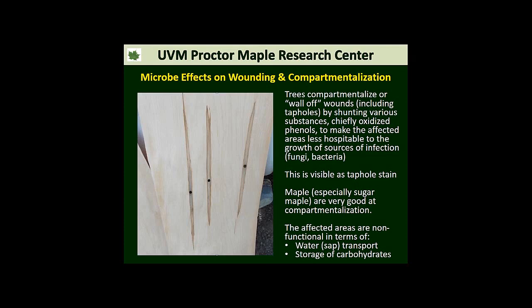The vessels that move the sap through the tree are oriented up and down, so the tree will put those substances in there as a way to prevent any type of bacteria or fungi or yeast from getting in there, spreading throughout the tree and causing disease. So what we end up seeing is this tap hole stain that occurs.